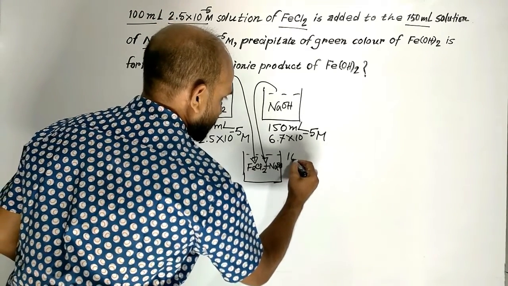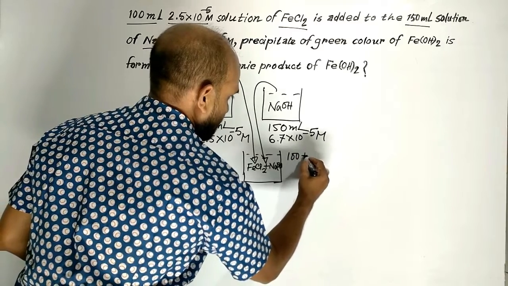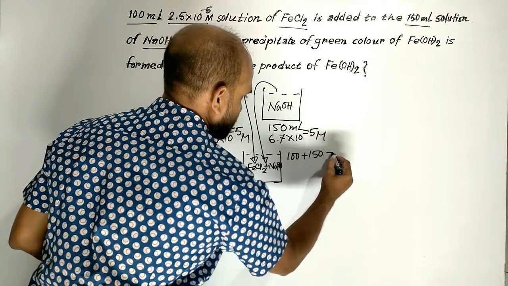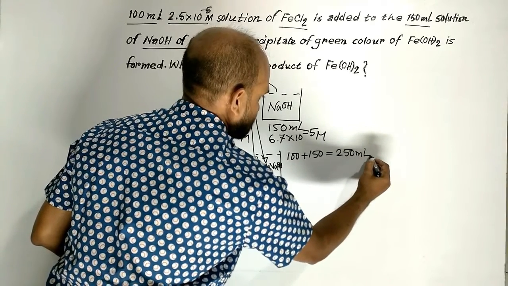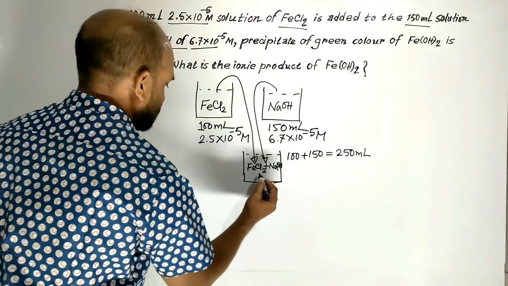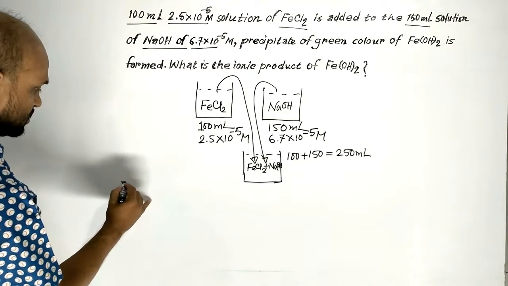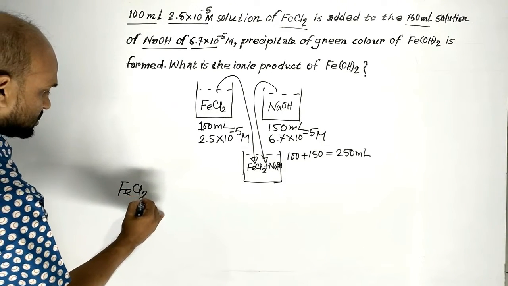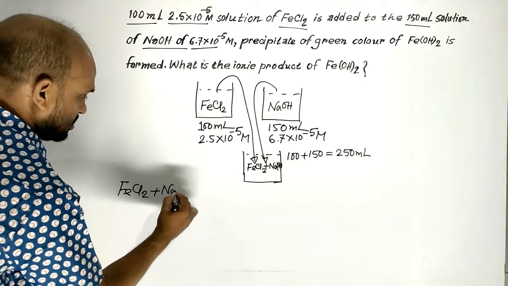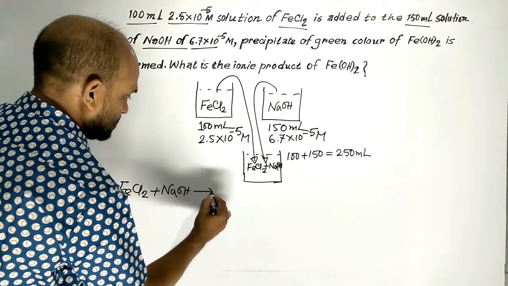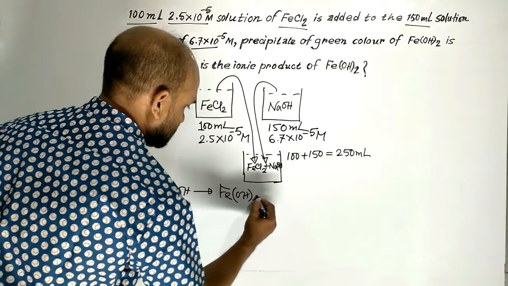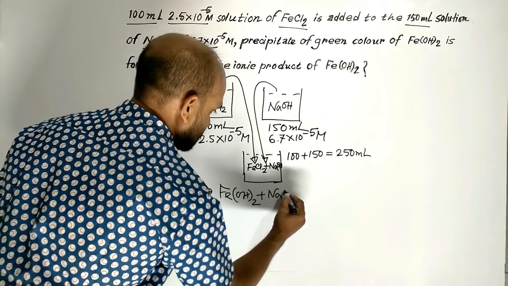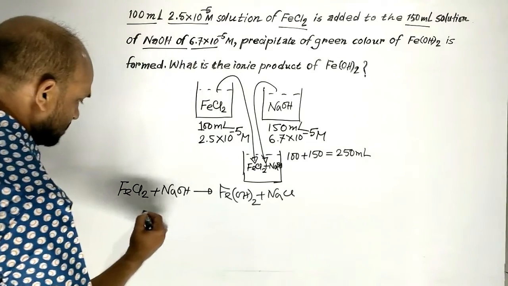Its volume will be 100 plus 150, that is 250 milliliter. In the solution, what is formed? Ferrous chloride plus sodium hydroxide gives ferrous hydroxide and sodium chloride.